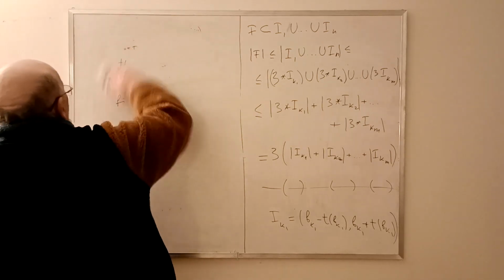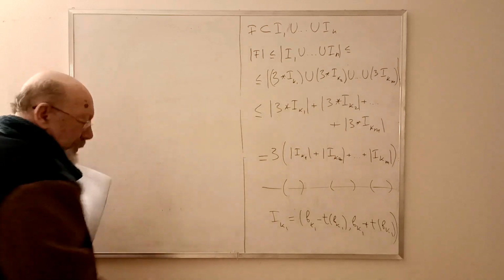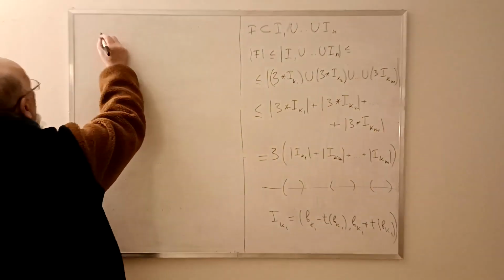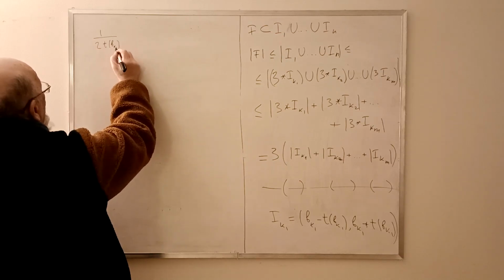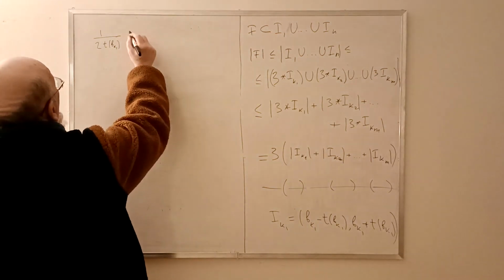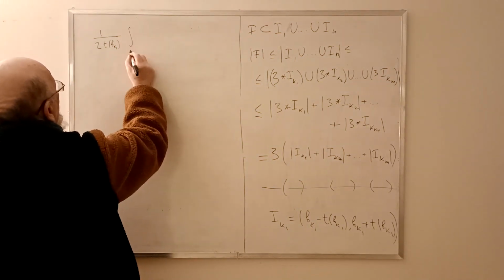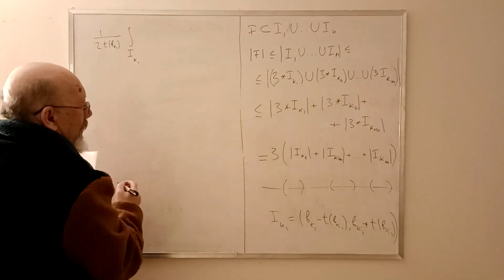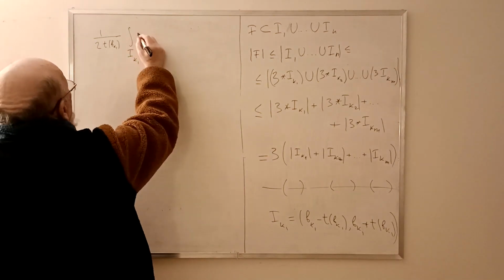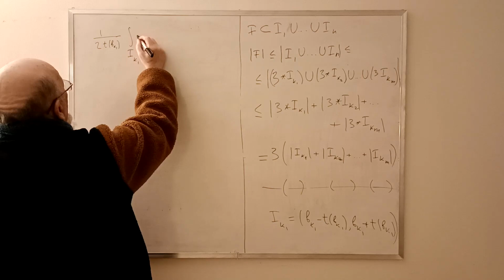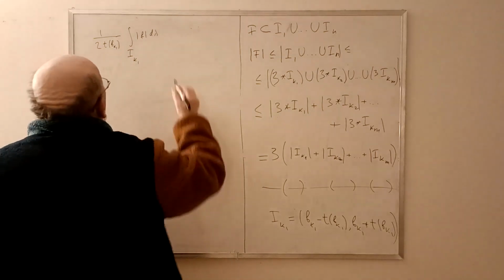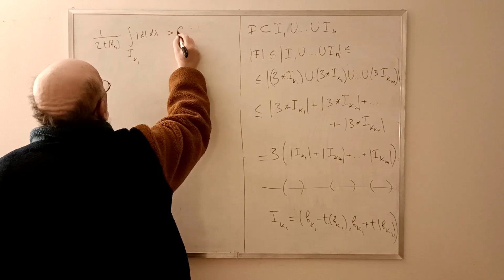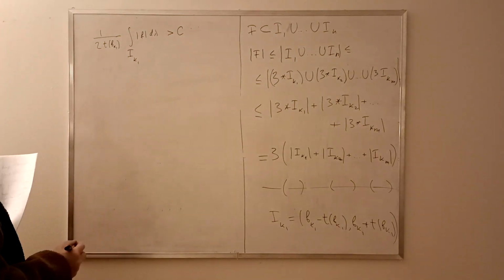It is that 1/2 t of b_k1 integral over I_k1 modulus f d lambda is more than c.